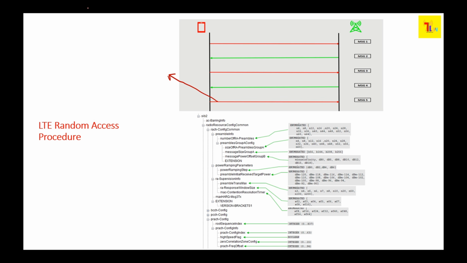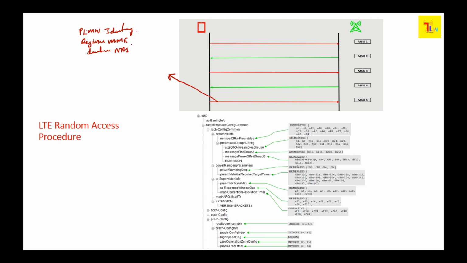It will have the details of the PLMN identity, then the registered MME, and the dedicated NAS info, which basically has the attach request and all.